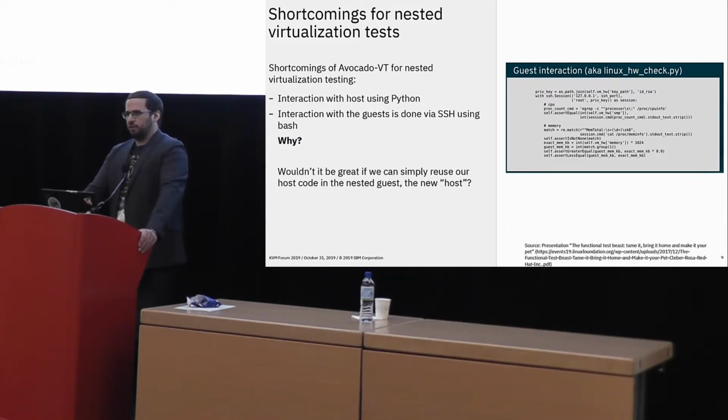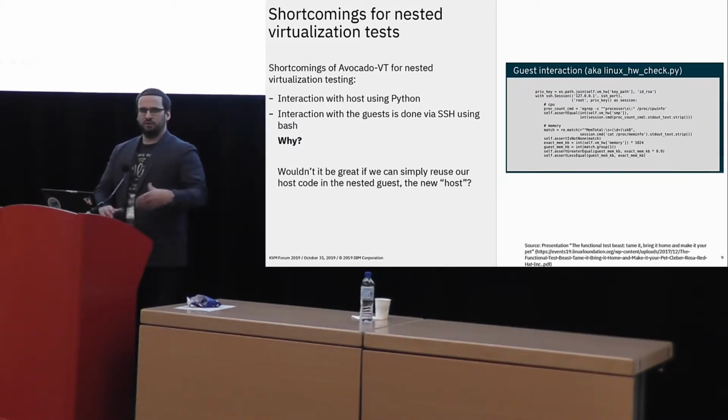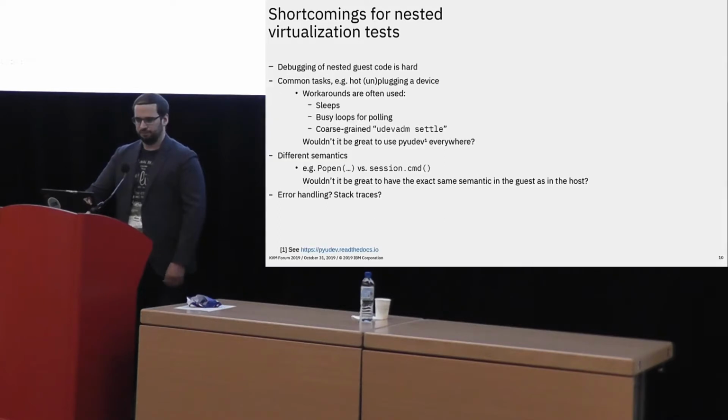So the first question that comes to my mind is, why do we use different languages for the same semantic thing? For nested virtualization, it would be good to simply reuse the code that we already have in the host in the guest, which is the new host. Wouldn't it be great if we could simply reuse our host code in the nested guest, the new host?